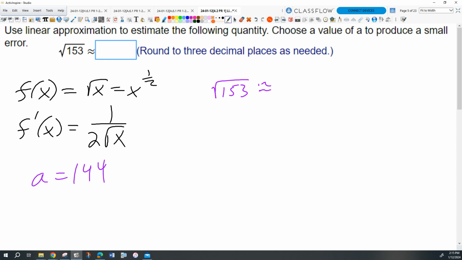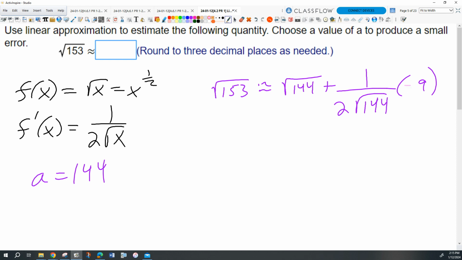Well, this is going to be approximated by the square root of 144, because that's our a, plus f prime of 144, which is just 1/2 times the square root of 144, easy to calculate, times dx. Well, how far away were we from 144? 153 is 9 away. And where'd that 9 come from? Actually, we're negative 9, right?